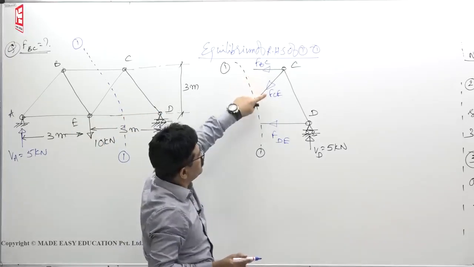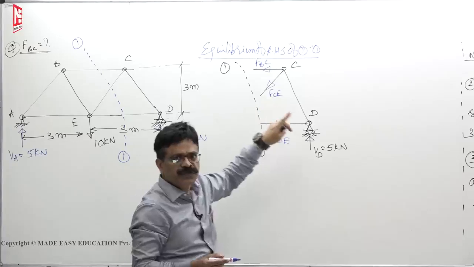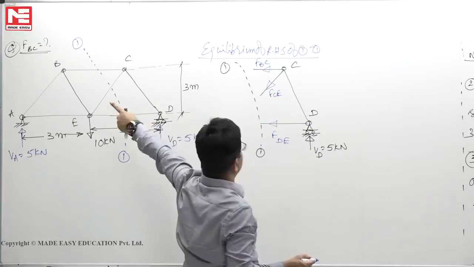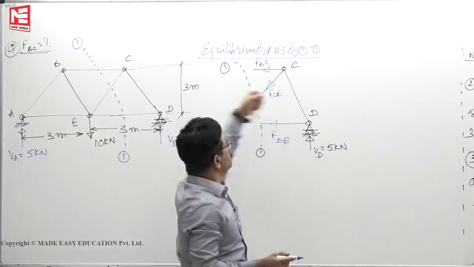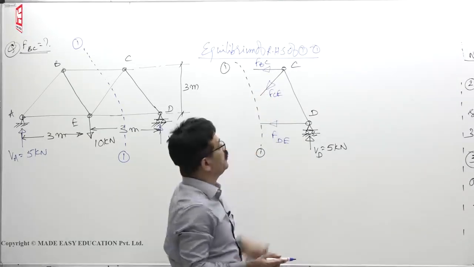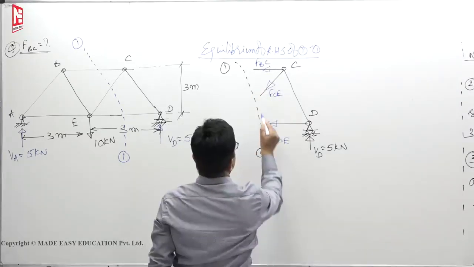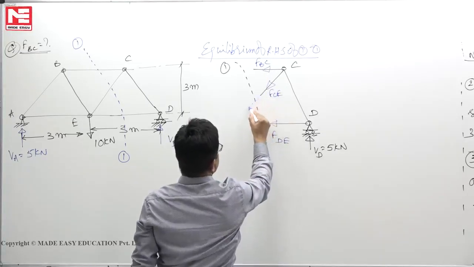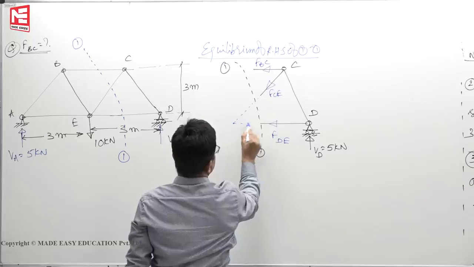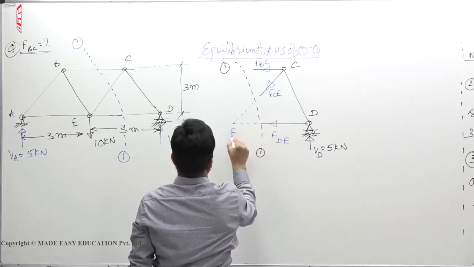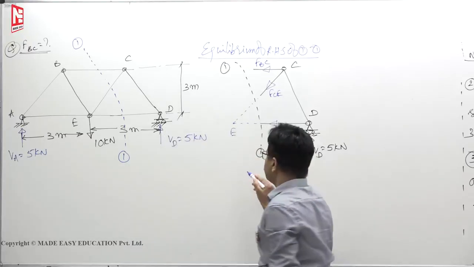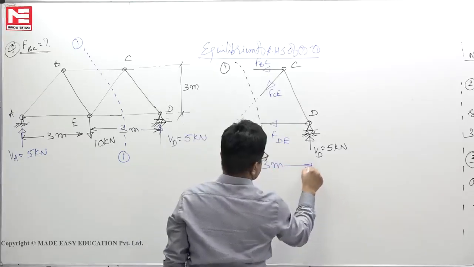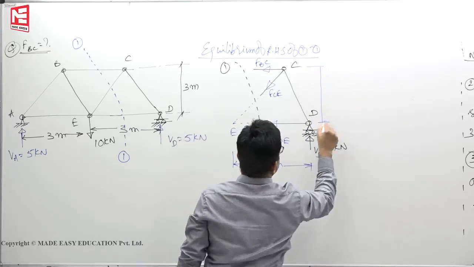So, these 3 arrow marks are the forces exerted on the pins by the LHS of 1-1. Assume that it is getting pulled. Now, these CE and DE members are meeting somewhere in air. Now, this length is 3 meters. This height is also 3 meters.